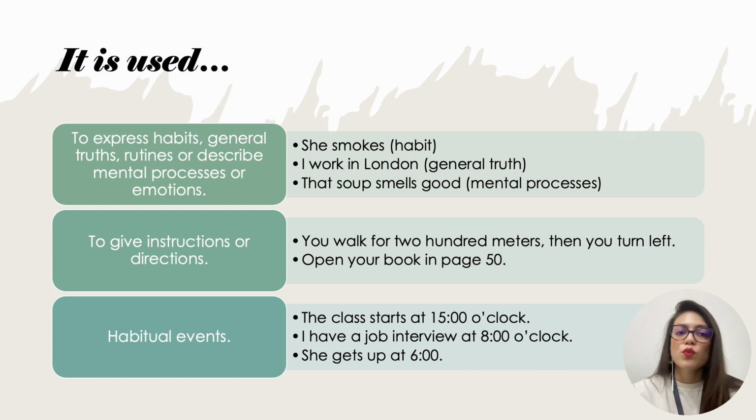For example, you walk for 200 meters and then you turn left, okay? Or open your book on page 50, okay? And for scheduled events, for example, the class starts at 15 o'clock, I have a job interview at 8 o'clock, and she gets up at 6, okay?